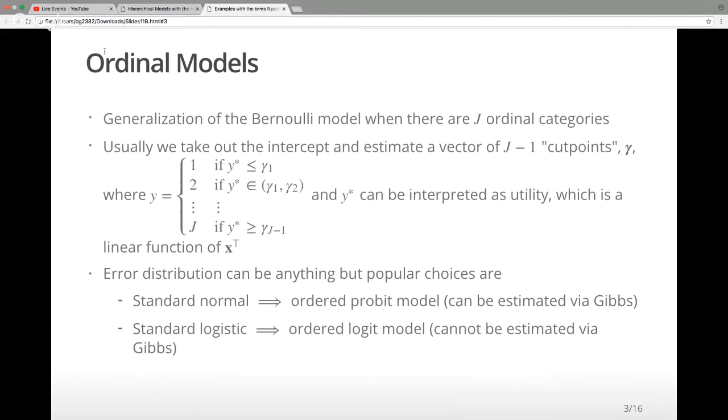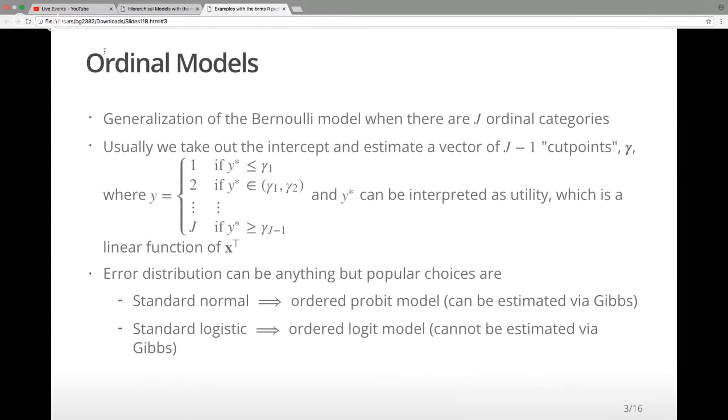So the unknowns in this model are y star, the utility values, even though y star is usually going to be a simple linear function of predictors, in which case we have unknown coefficients. But we also don't know what the cut points are, how much utility you have to have to go from strongly disagreeing with something to disagreeing with something.